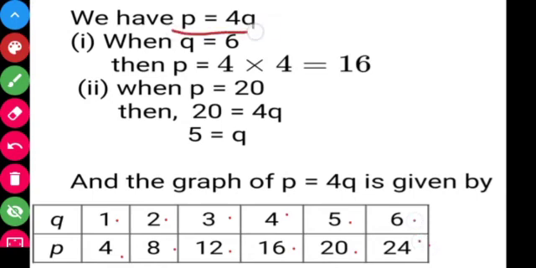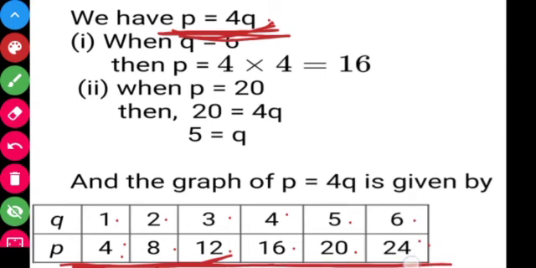By putting the value of q in this equation you find p. Like this you can find any 3 values only, no need to take all 6. It's your choice, you can take 3 or more than 3. Now draw the graph between p and q.